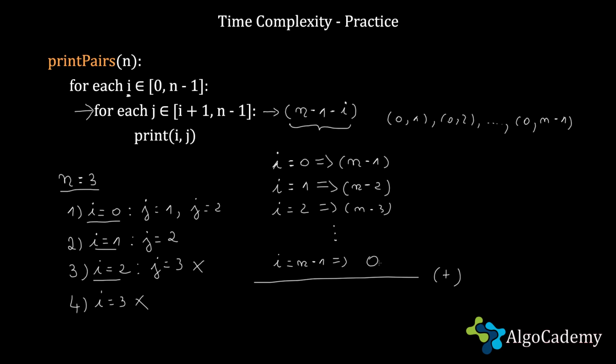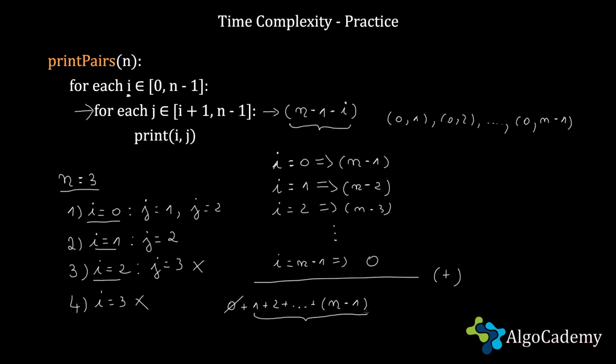Let's count it in reverse order. I start with 0, then the next one is 1, the next one is 2, and so on, until I hit the last value, which is n minus 1. Of course, we don't care about the 0, and we have basically this sum.